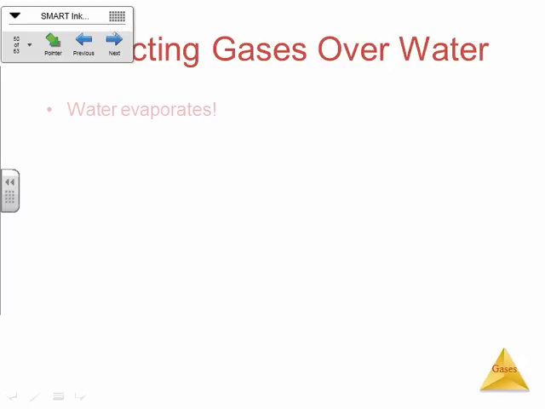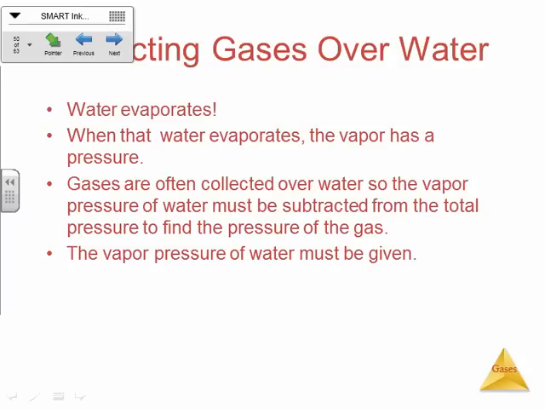Okay. And one last thing we need to talk about here, and I know this is just ridiculously long, and I'm sorry about that, but again, this is the big bulk of this unit right here. We're going to spend a lot of time with practice problems that have to do with this. So collecting gases over water. Water evaporates. Everybody knows that, okay?